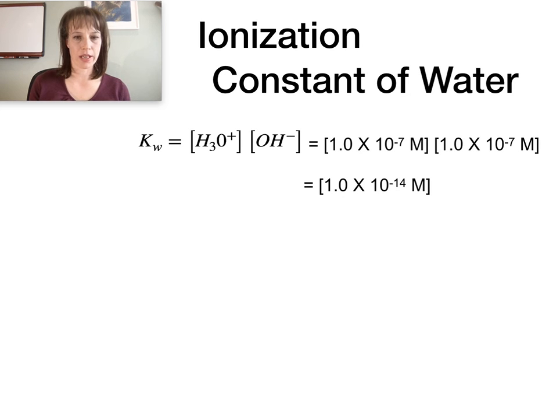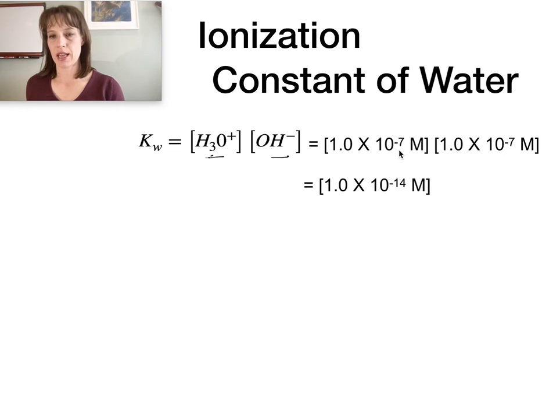To find the relationship between pH and pOH, we can use the ionization constant of water, and here we see we use this as Kw, which is the ionization constant K of water W. We already talked about how the hydronium ion and the hydroxide ion concentrations are 1 times 10 to the negative 7th and 1 times 10 to the negative 7th.